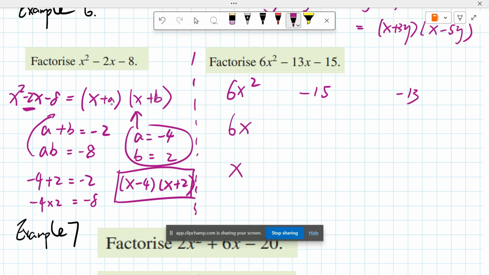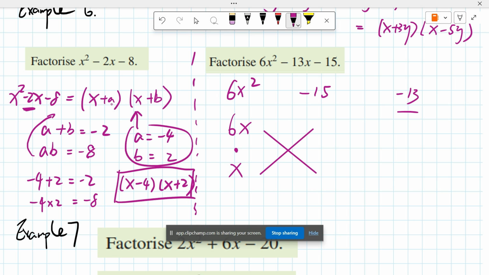6x and x multiply each other to equal 6x squared. They always multiply if they are in the middle, and cross product means I cross it. So two numbers plus each other equal minus 13, but we do that later. First, two numbers multiply each other to equal minus 15.